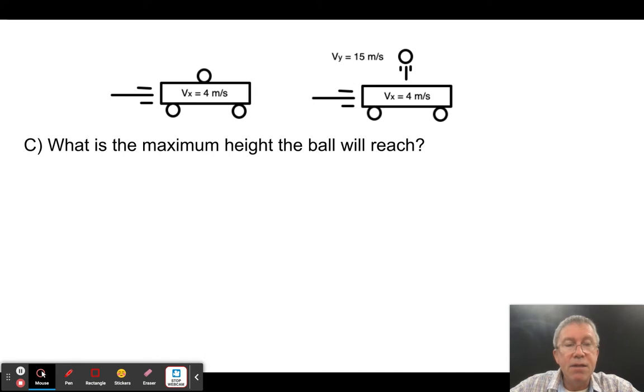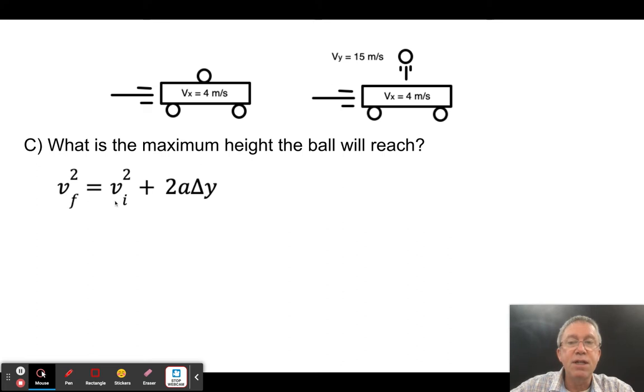Well, what's the maximum height the ball would reach? It's going in a direction that is vertical, and there's acceleration in the vertical direction. So the equation I have to use to solve that is going to be this one here. I know its vertical velocity initially, and I know its final velocity here. And so I'm using this one to solve for the change in its y position. I'll rearrange it to solve for y, so I'll basically take this minus this divided by 2g.